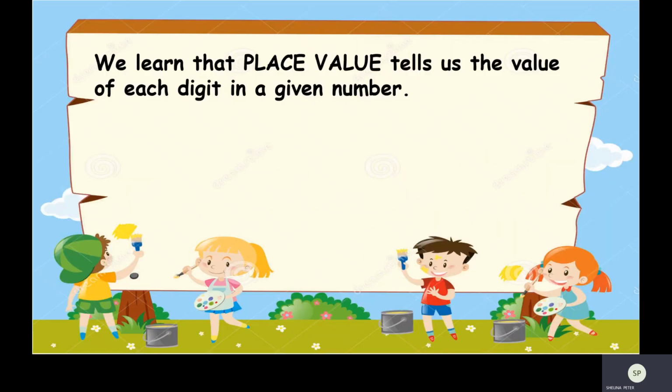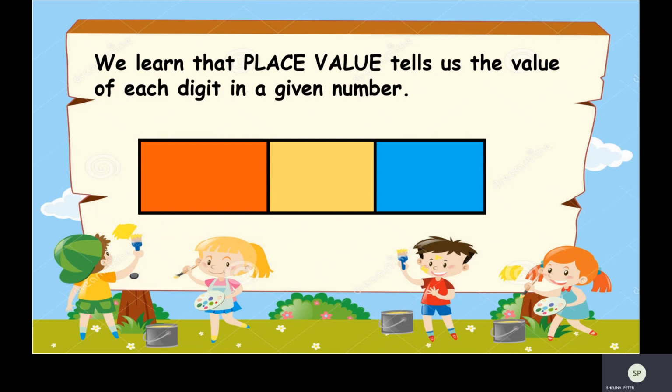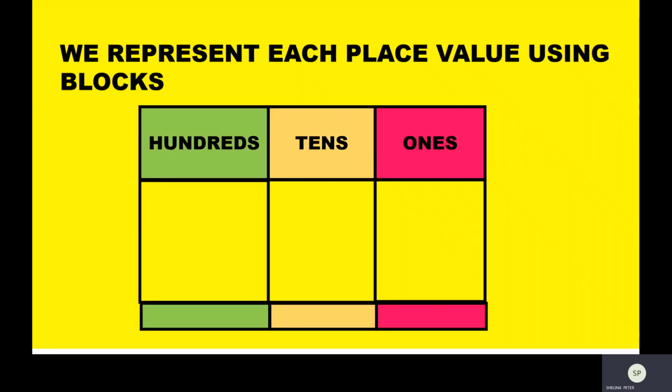We learned that place value tells us the value of each digit in a given number, and that is ones, tens, and hundreds. We also learned to represent place value using blocks.